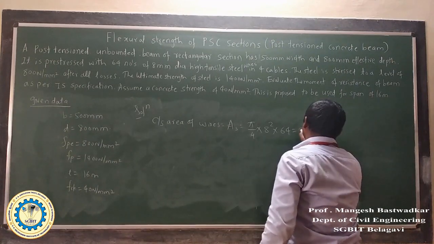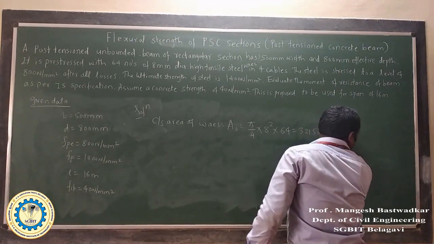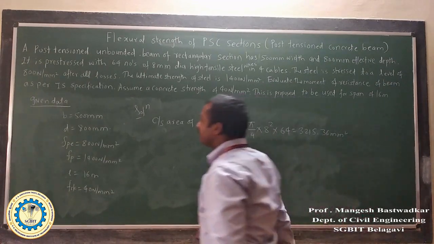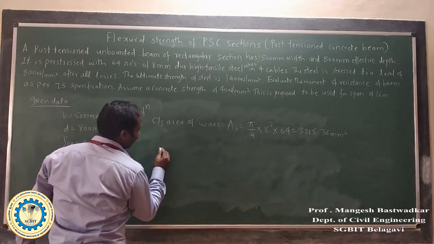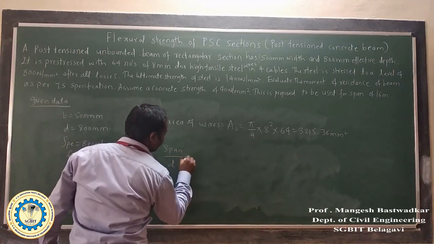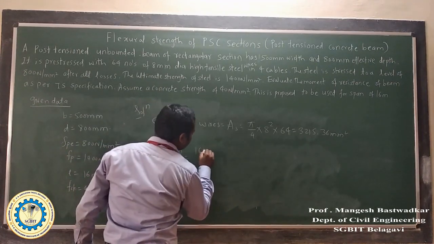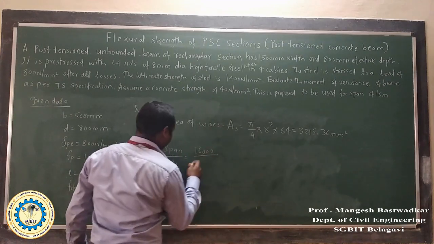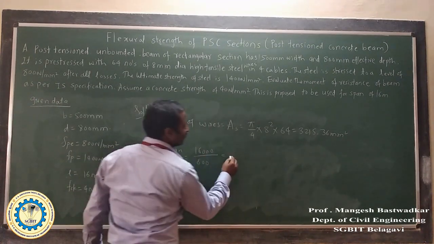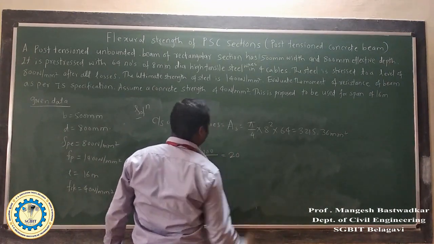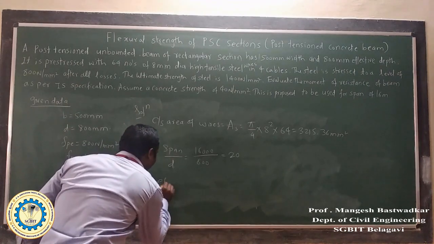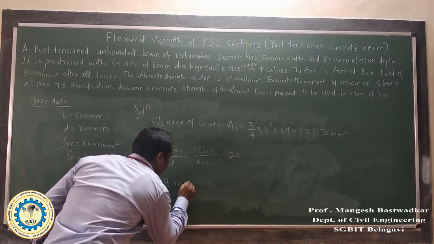So we'll get 3215.36 mm square. Next, we will calculate the span by D ratio. So span is, we'll write in mm, and effective depth is 800. So this is 20.